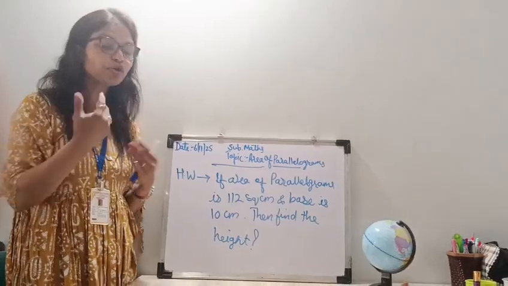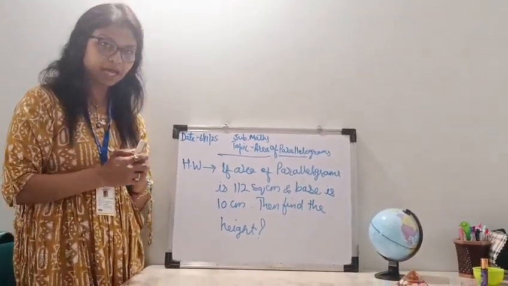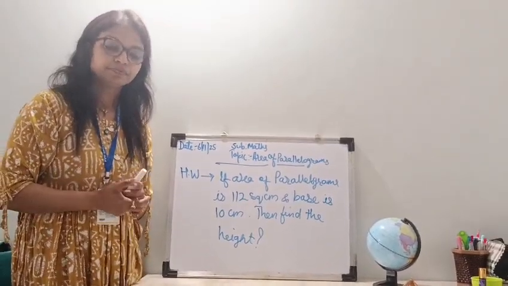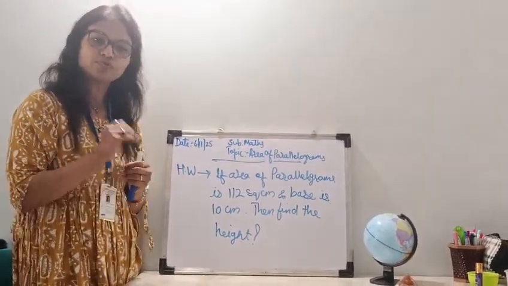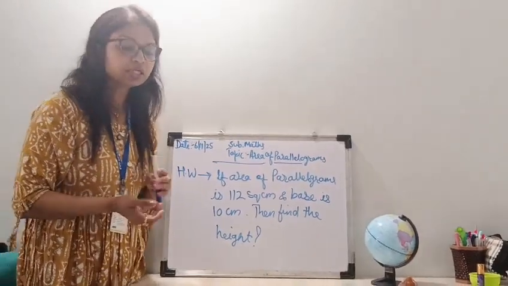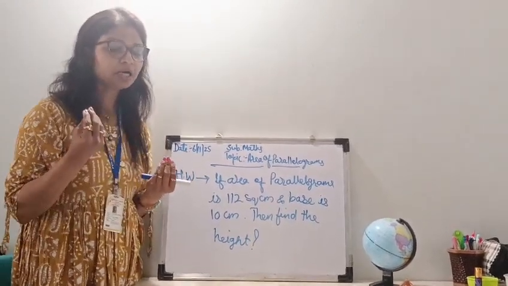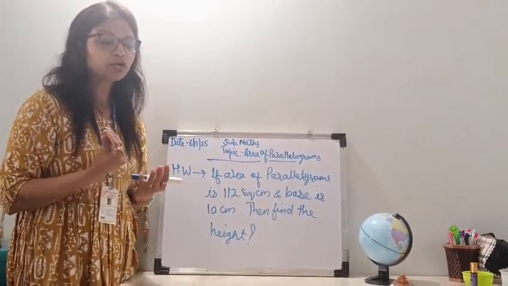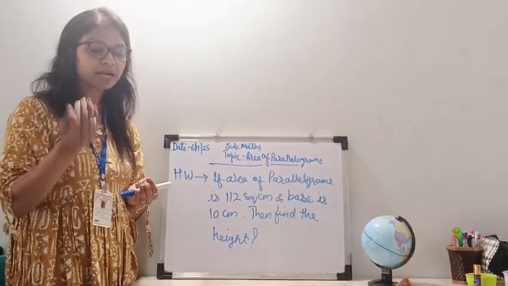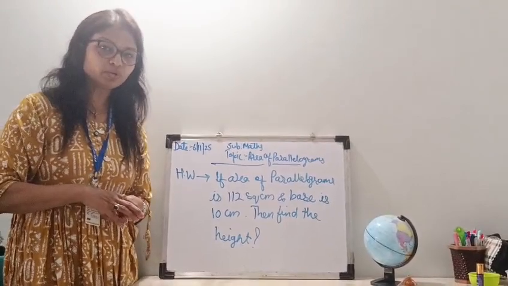The formula of parallelogram is area is equal to base multiplied by height. Okay, who will tell me what is rhombus? This is your homework also. The meaning of rhombus is that one type of parallelogram is called rhombus only. Okay, everyone will note down this.